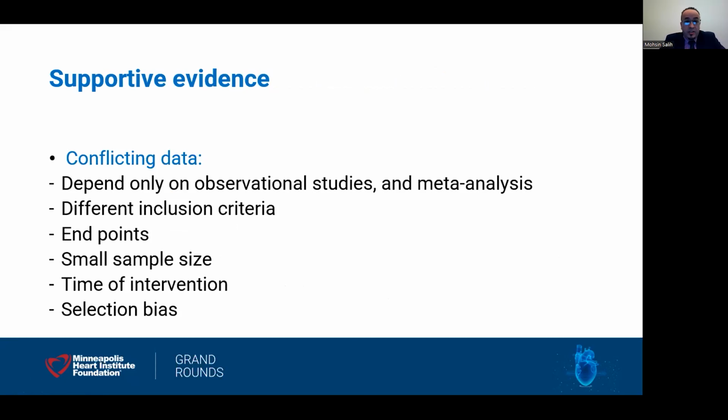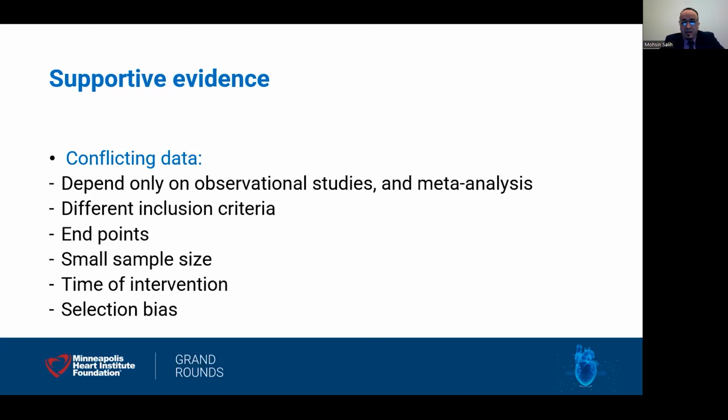What do we have as supportive evidence, or the evidence base? It has been evolving very quickly in the last decades. Actually, we had conflicting data, because in the beginning we had observational studies and meta-analyses.